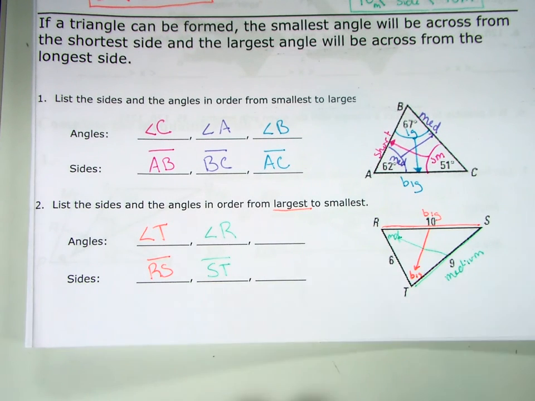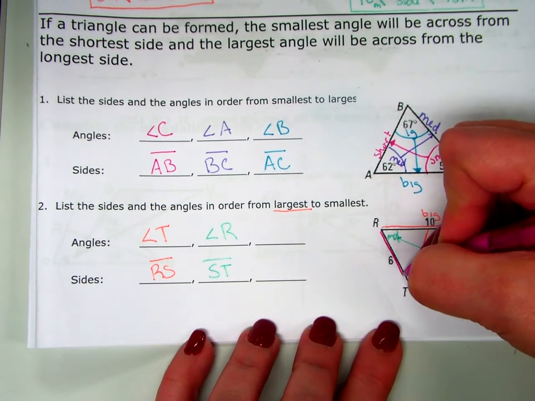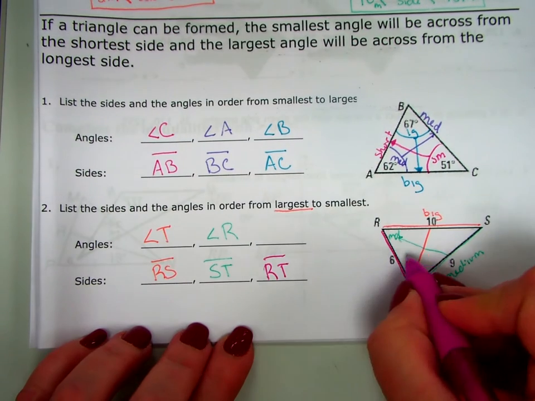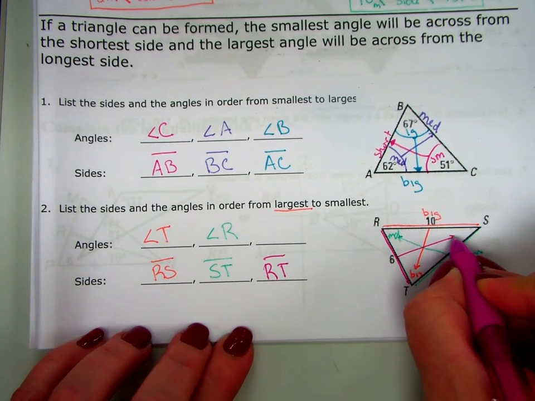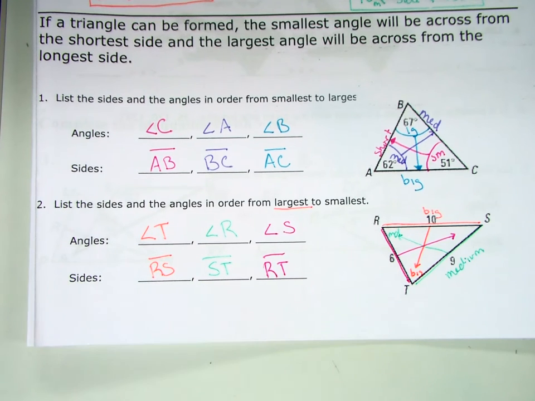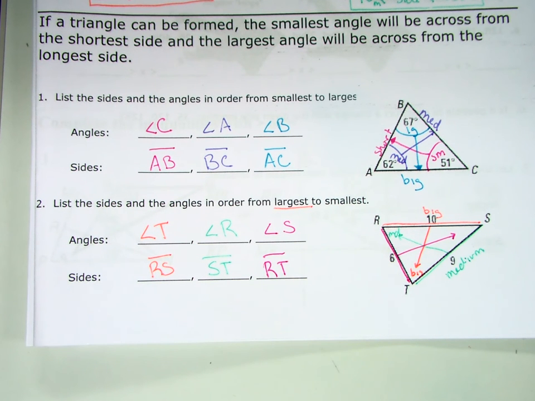Which leaves what for my short side? RT. And what for my small angle? Angle S.